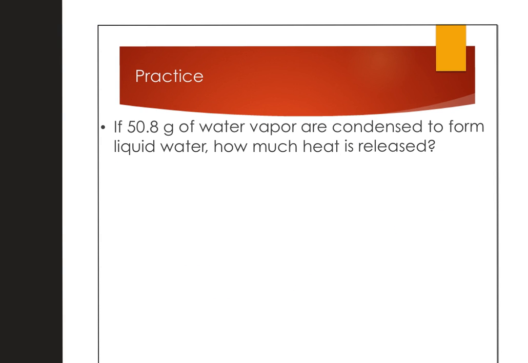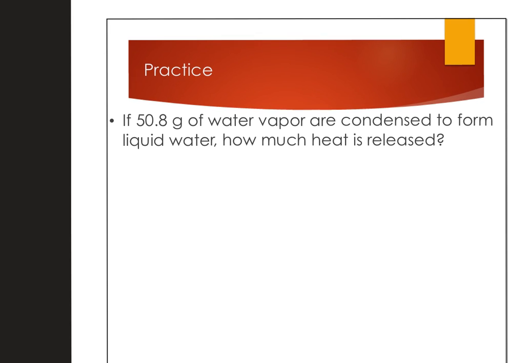All right, let's look at another problem. If 50.8 grams, so there's my mass. Notice how I always read the problem and I write next to it, of water vapor are condensed to form liquid water, how much heat is released?